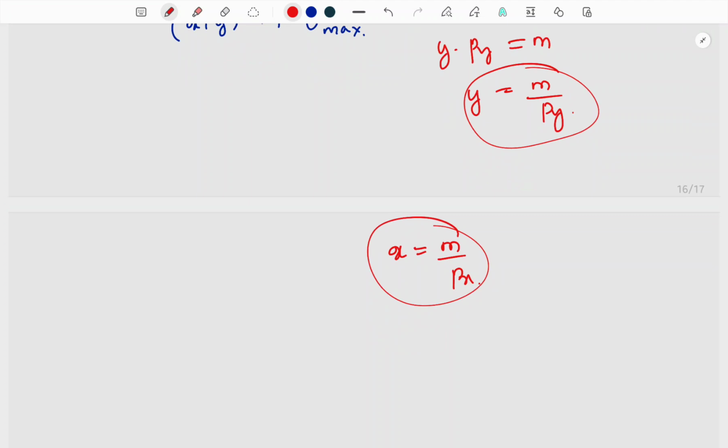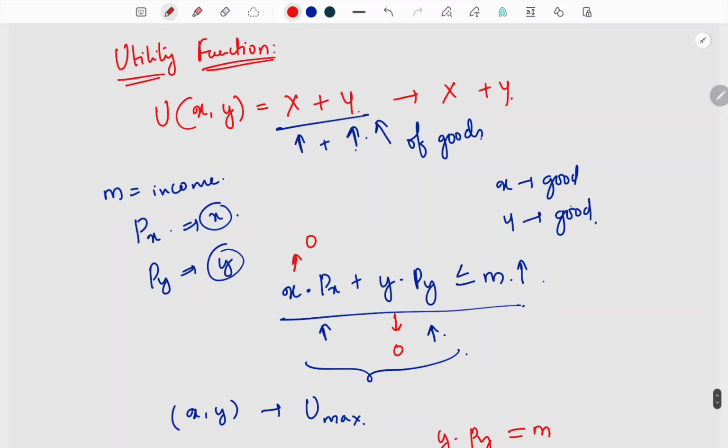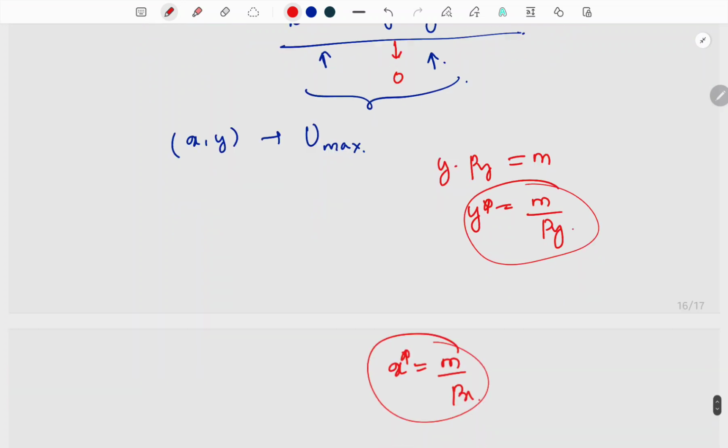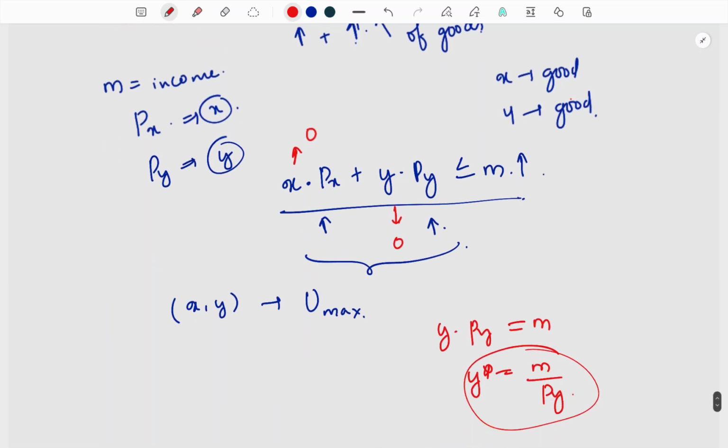Okay, here I wanted to know how the consumption of y depends, and how the consumption of x depends. Because whether you consume x or y, it will add up. And how will you get y or x?